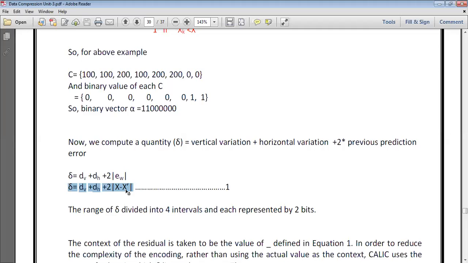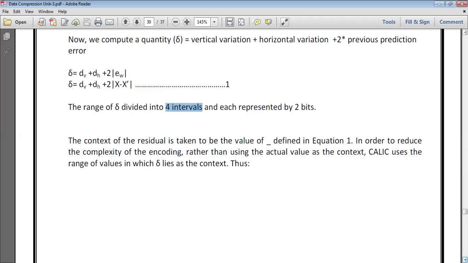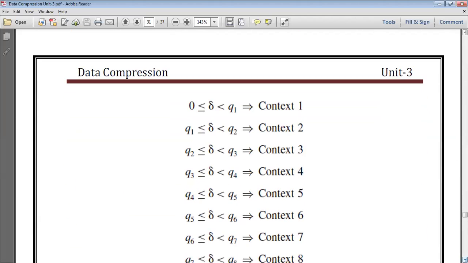The range of this quantity sigma is divided into 4 intervals and each is represented by 2 bits. This is an important point, you should note this: 4 intervals, each represented by 2 bits. So what will be the interval? The interval is like this.